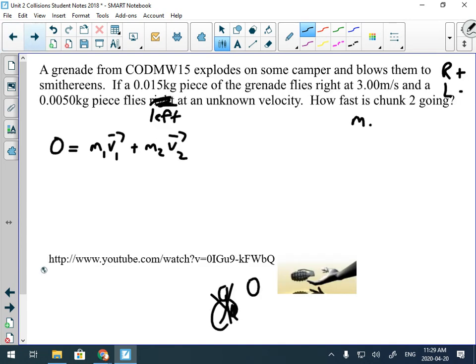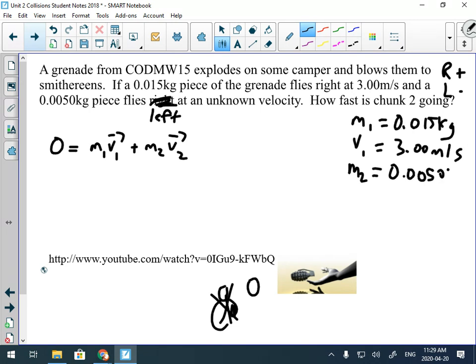So the mass of the first chunk, the little chunk, is 0.015 kilograms. And the speed of the chunk is 3 meters per second. The mass of the second chunk is a lot smaller, and we don't know its speed.